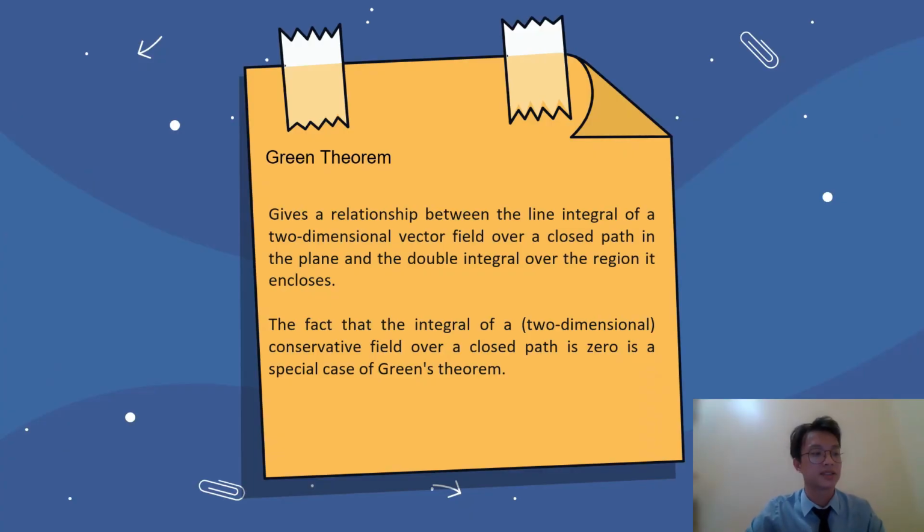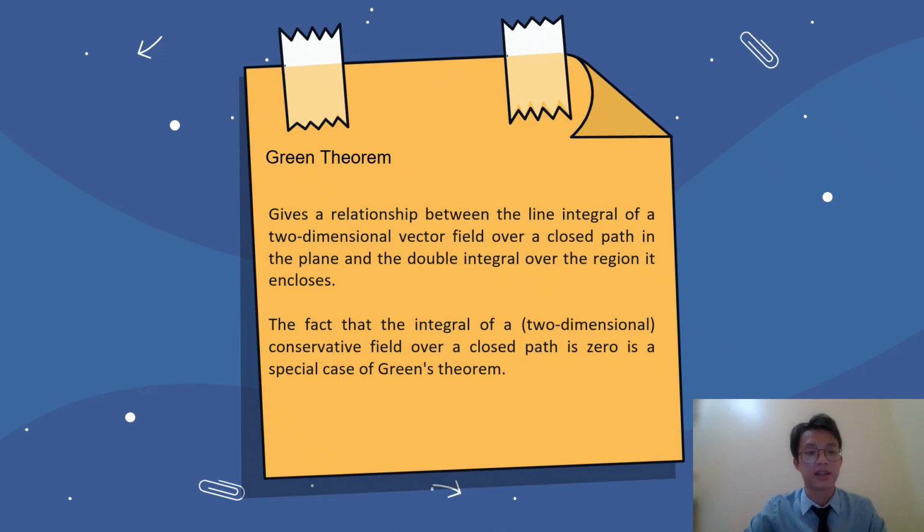First, we must know and understand what Green's theorem is. Green's theorem gives a relationship between the line integral of a two-dimensional vector field over a closed path in the plane and the double integral over the region it encloses.